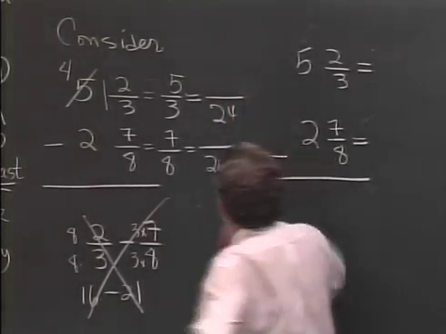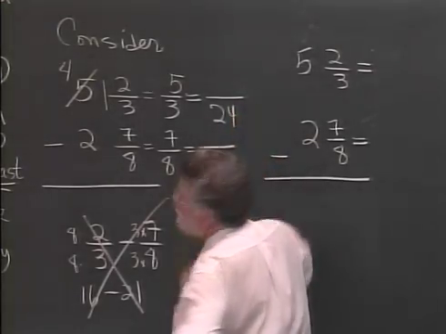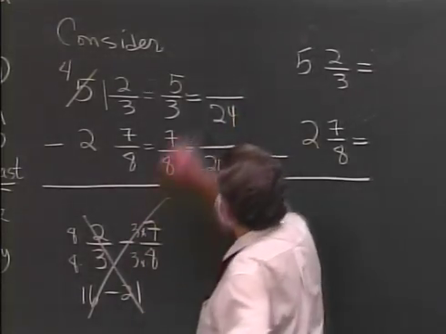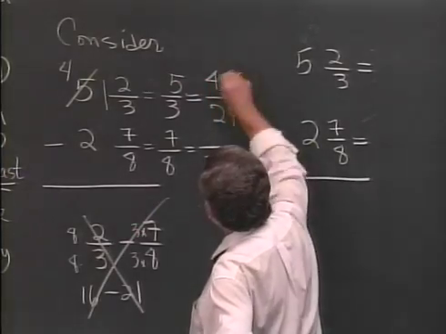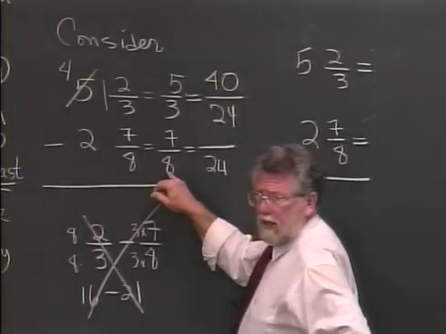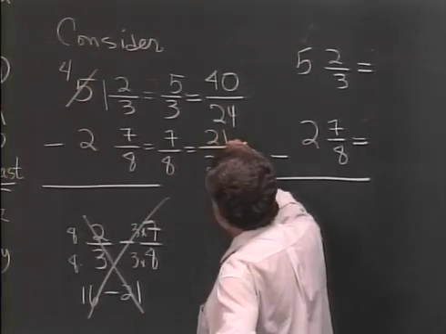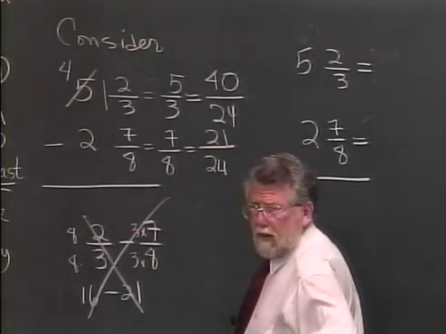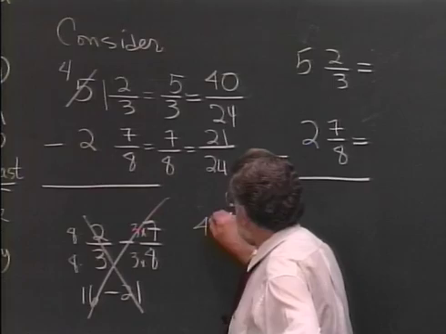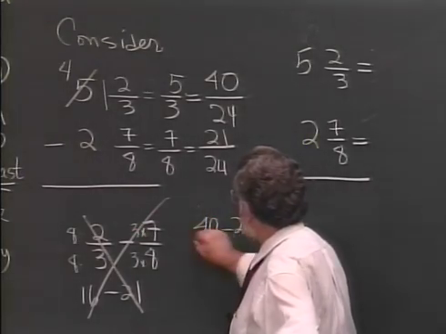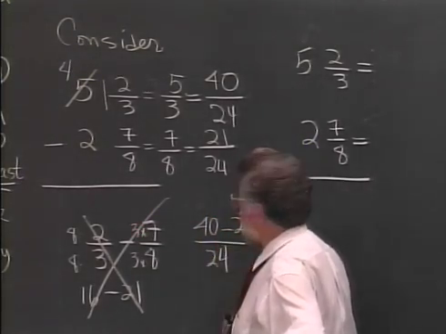Now what do we get at this point when I multiply by 8? 40. Okay, Lewis has it. A 40. And then the 3 that I had here gives me the 21. And now my intermediate step is 40 minus the 21 over the 24, and what do I get?